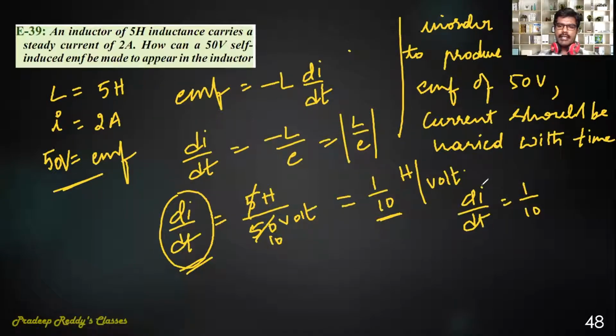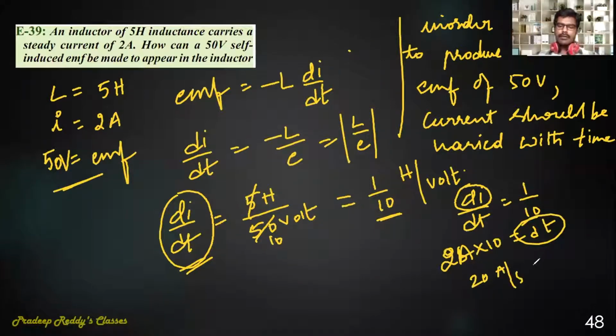And this di is the change in the current, it will be 2 ampere into dt. So this is 20 ampere per second. So for 1 second, if the current is being changed by 20 ampere, you can produce an EMF of 50 volt in the circuit.